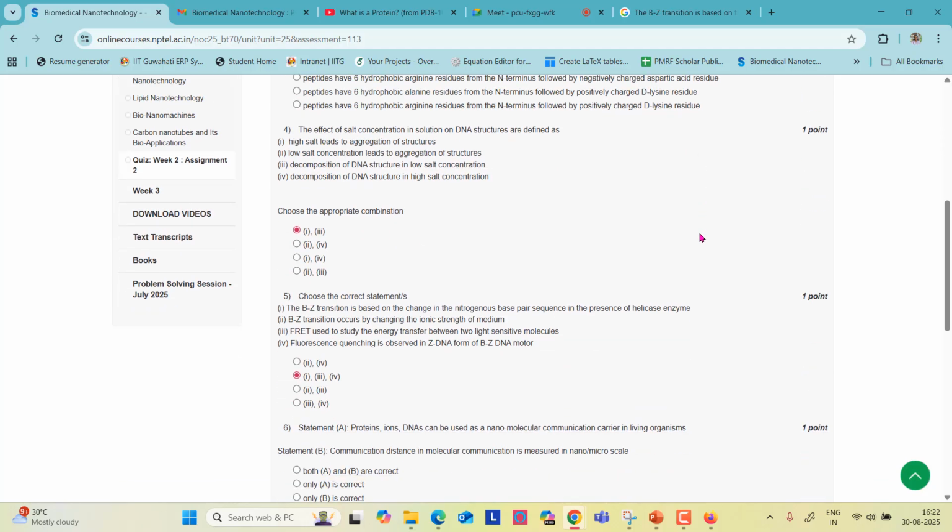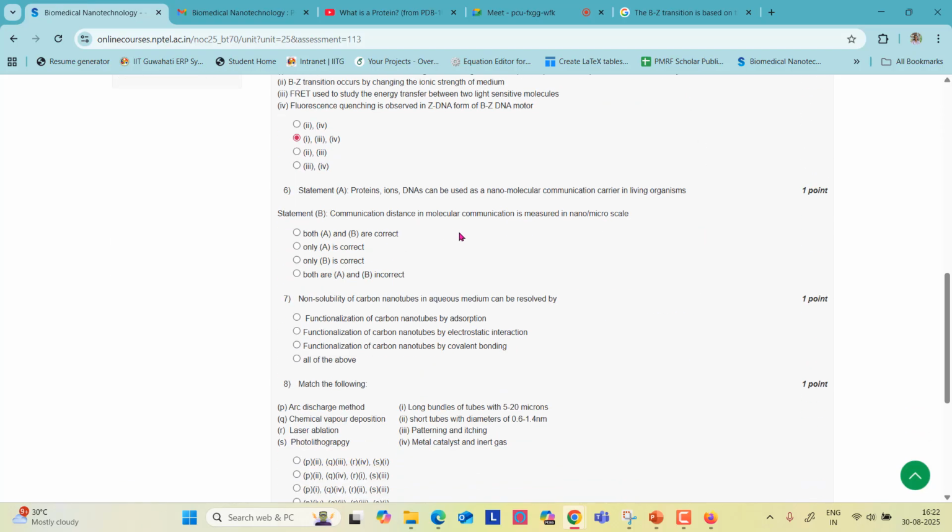Then comes question number 6. Statement A is proteins, ions, DNAs can be used as a nanomolecular communication carrier in living organisms. And statement B is communication distance in molecular communication is measured in nanomicro scale. Which one is true?